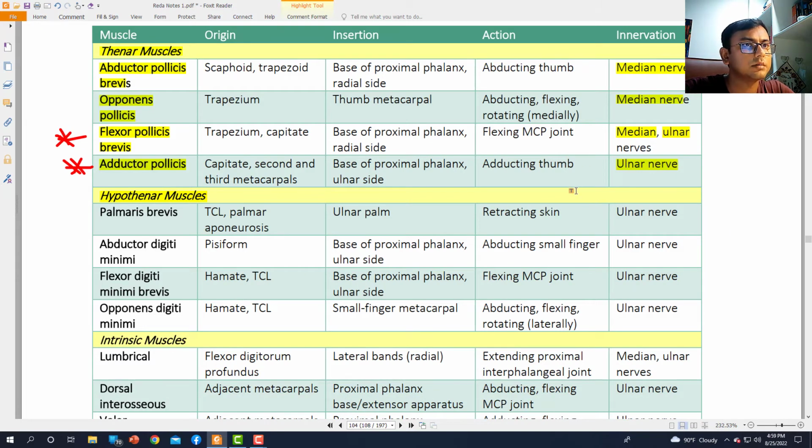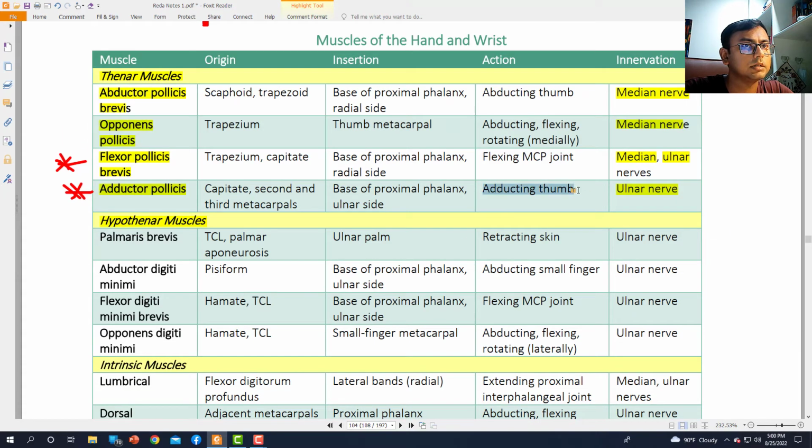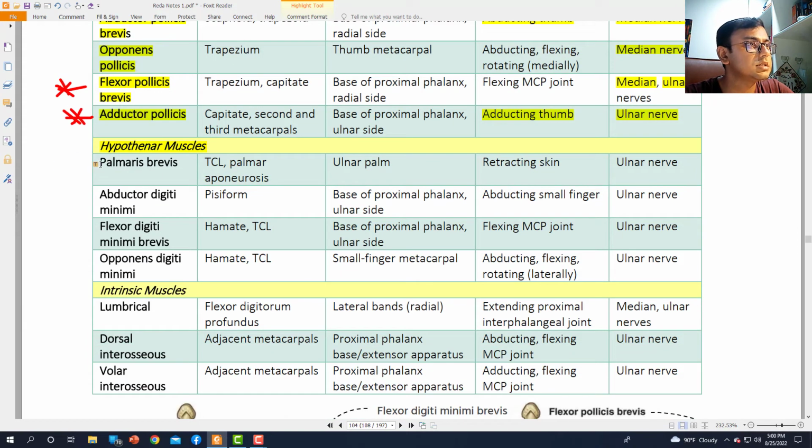Now the hypothenar muscles. Abduct and adduct the thumb: abductor pollicis brevis is abduction of the thumb, and the adductor pollicis means it comes towards the hand. The hypothenar muscles are palmaris brevis, abductor digiti minimi, flexor digiti minimi brevis, and opponens digiti minimi.